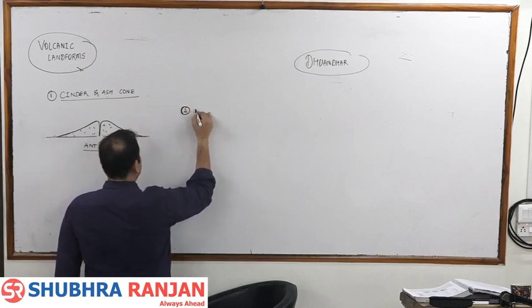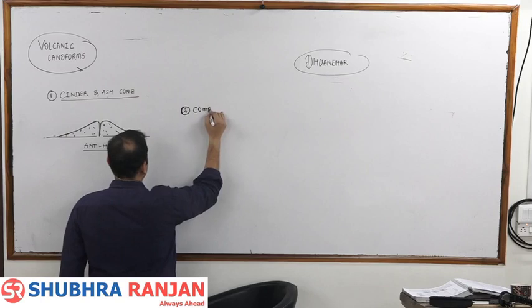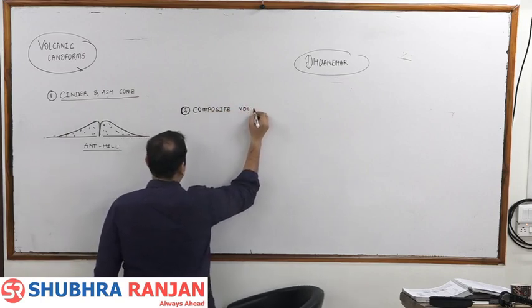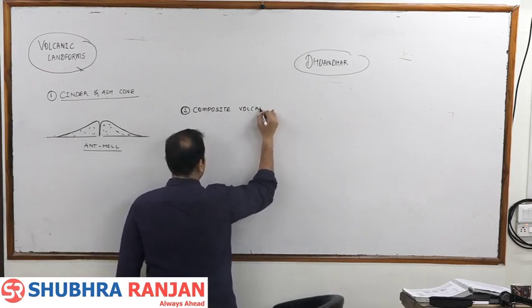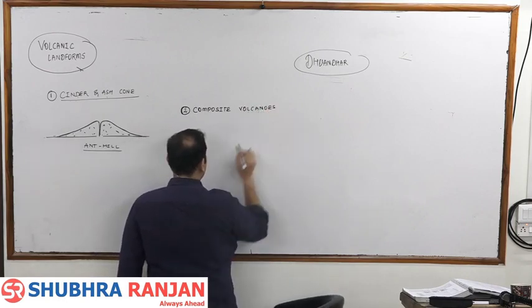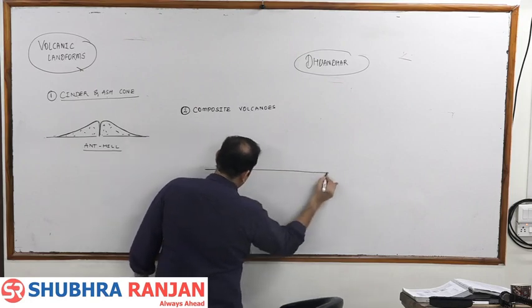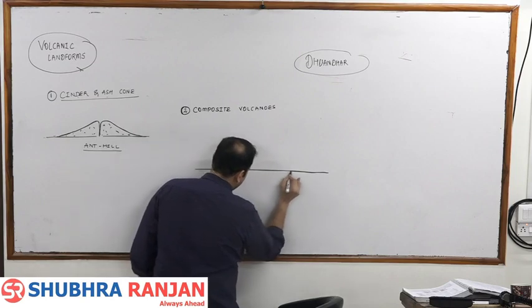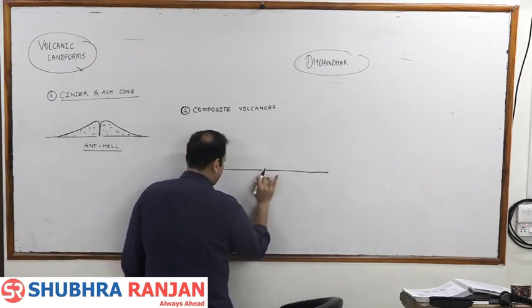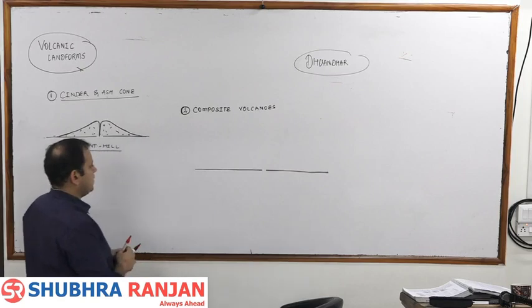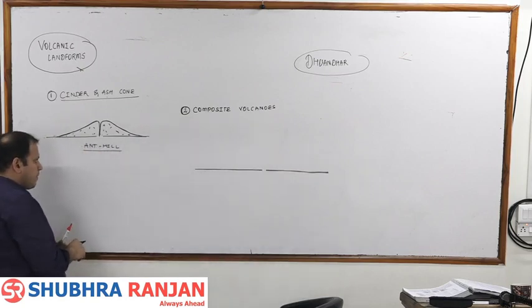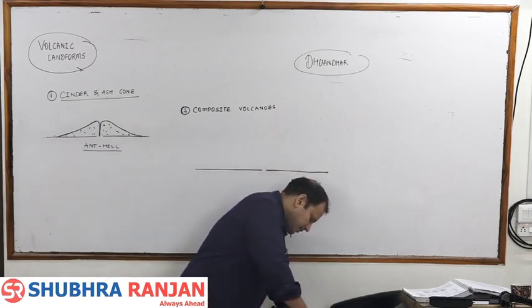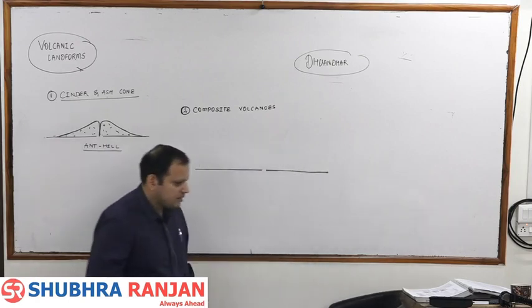Such kind of volcanic eruptions do not emit lava. Such cones are of low height and are easily eroded.